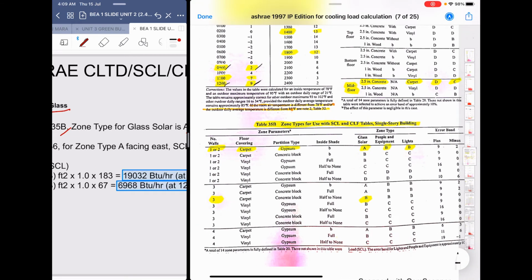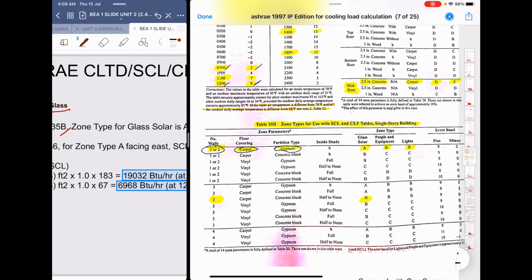The number of walls is 1. Floor covering: what type of floor do we use? Just now we mentioned we use carpet. So carpet-covered floor, and the other partition type is gypsum.